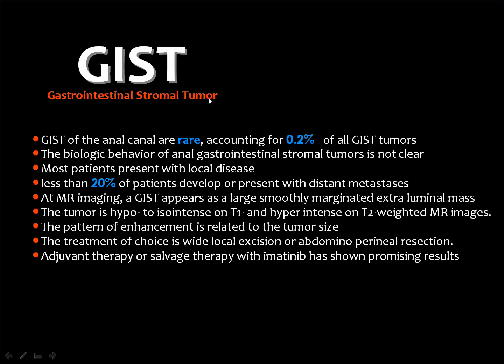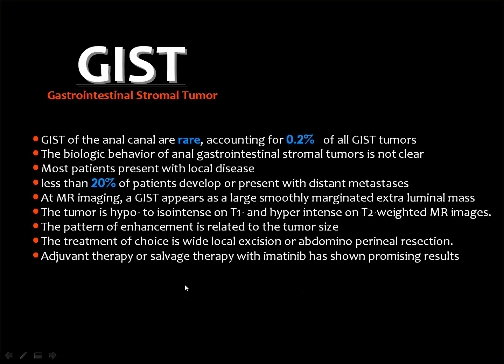Gastrointestinal stromal tumor, or GIST, is also rare in the anal area, and it accounts for 0.2% of all GIST tumors. The patients may present with local disease due to compression, for example, and less than 20% of the patients may have distant metastasis.